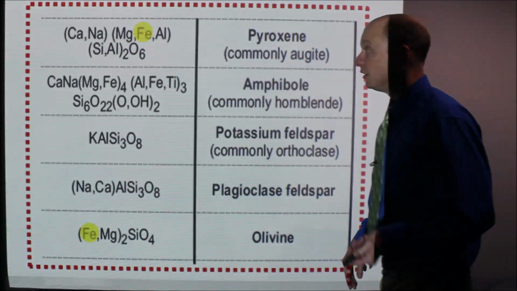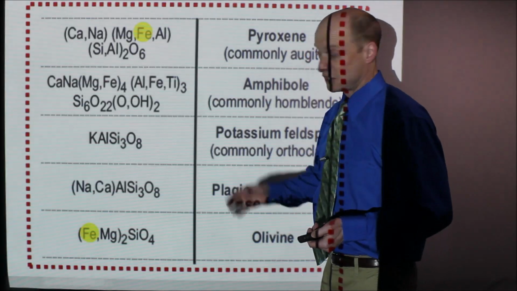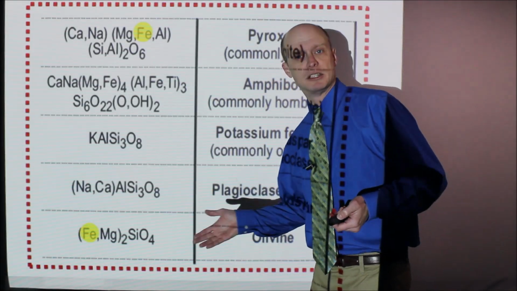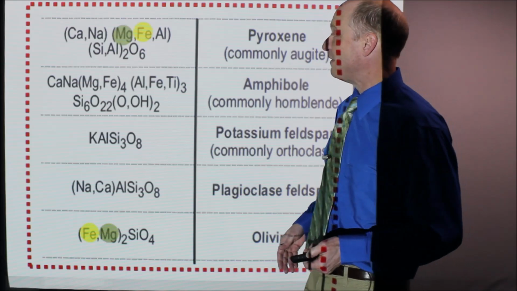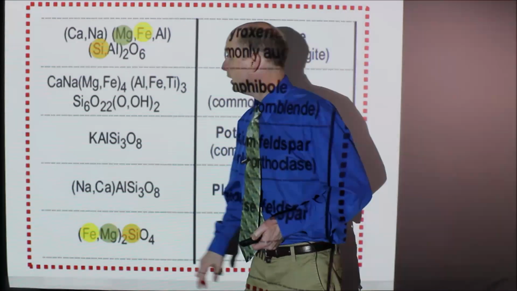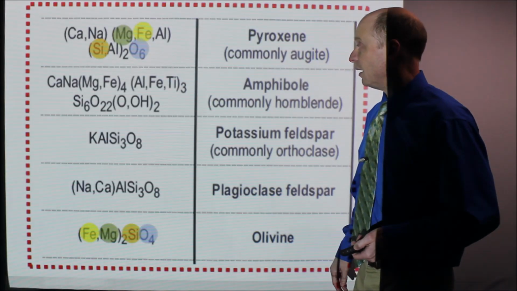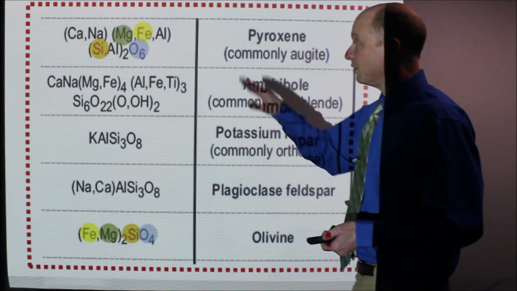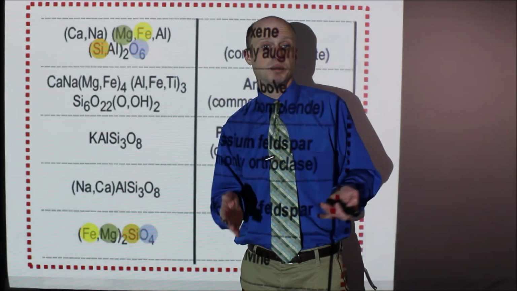Well, they both have iron. That could be an answer, which is Fe, iron. It's on the bottom of that page if you need to look it up. They both have Mg, magnesium. They both have Si, silicon. And they both have oxygen. So any two of those four would work as an answer, but you have to know where to look.